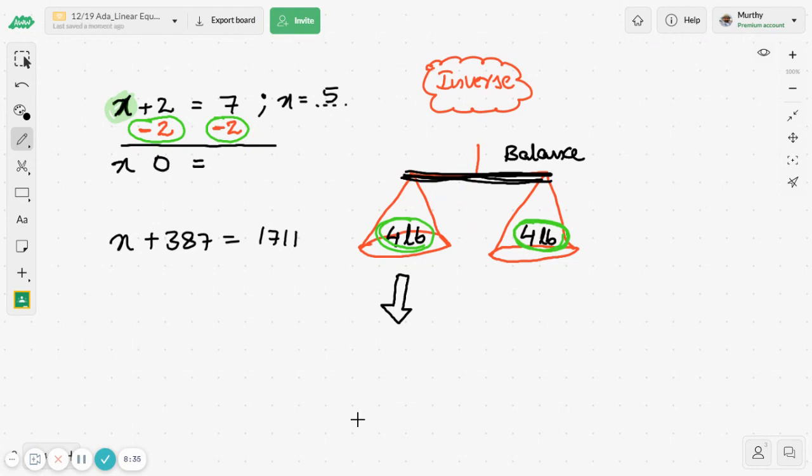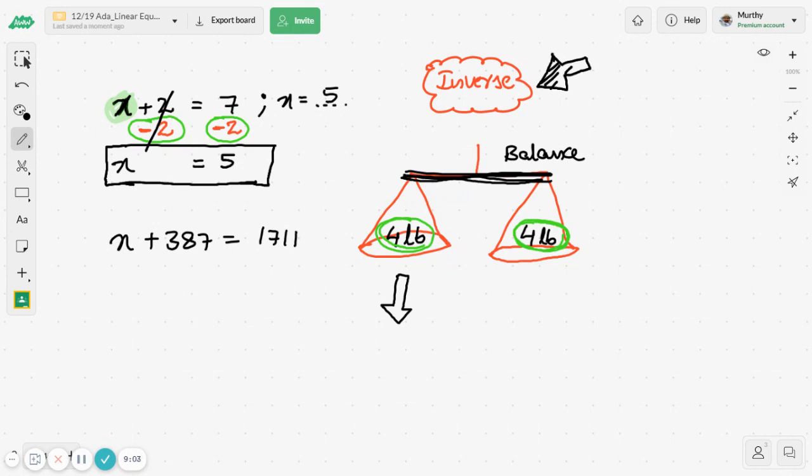I'm not writing 0 here, but I know that it's 0, so I'm just striking it. Now 7 minus 2 equals 5. Right? So I know how to figure out the value of x, by strictly adopting the inverse operation method.